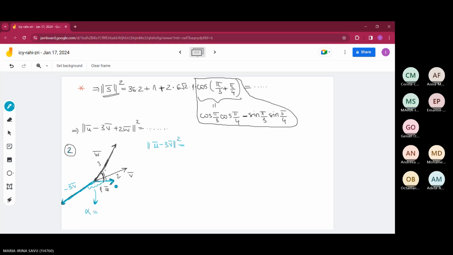This is alpha. And the value of this alpha is pi minus the angle between w and v, pi over 6. This is the value of the angle between u and minus 3v. So alpha is this angle. And I have here the norm of u squared plus the norm of minus 3v squared, but it's the same as the norm of 3v.